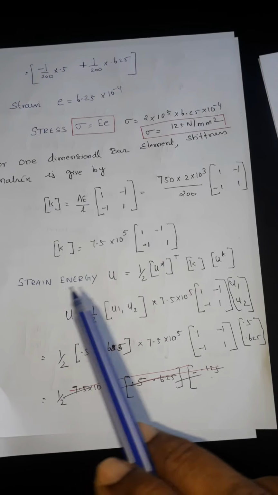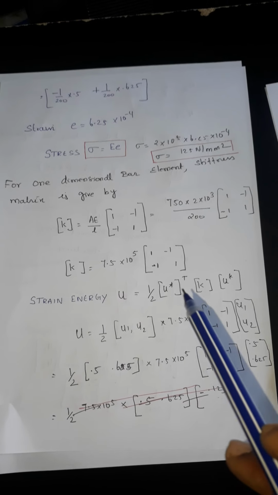Now the last one is strain energy. The strain energy formula you know is half into k x square, where x is some displacement, which gives you the degrees of freedom. X square can be written as x into x, so this is the displacement U into U transpose.